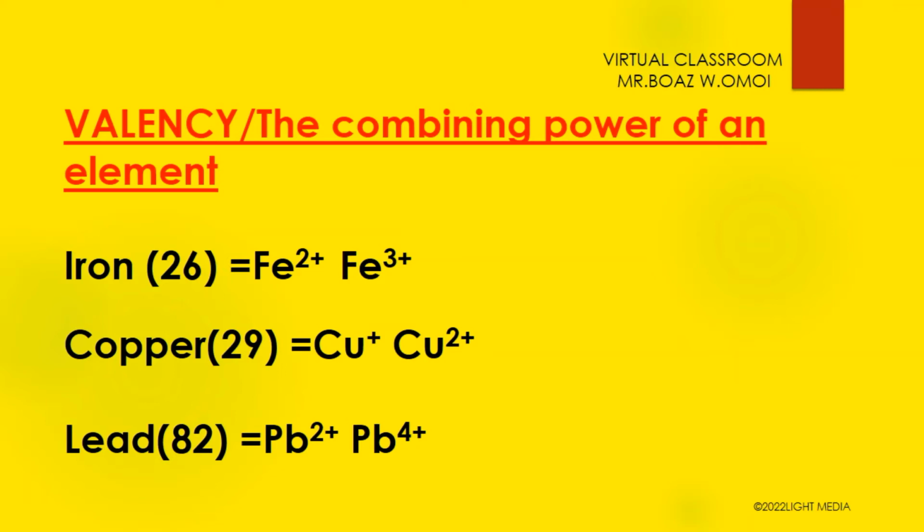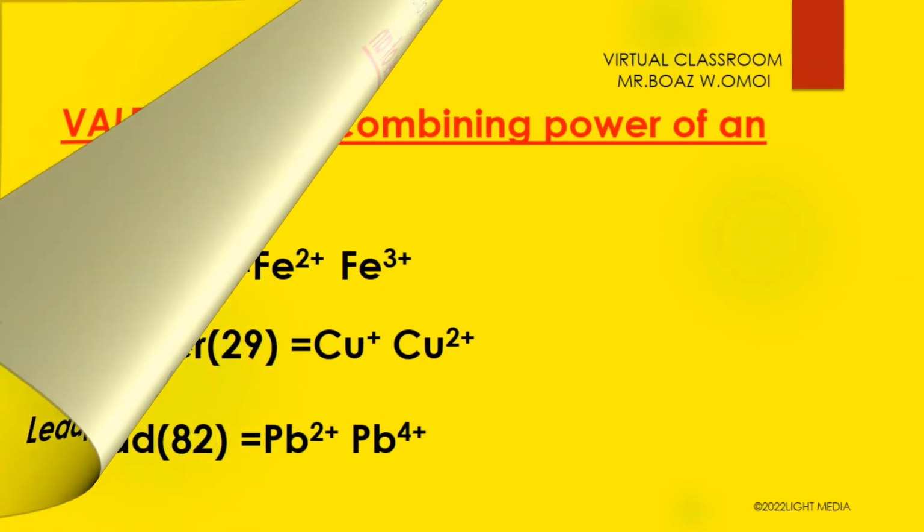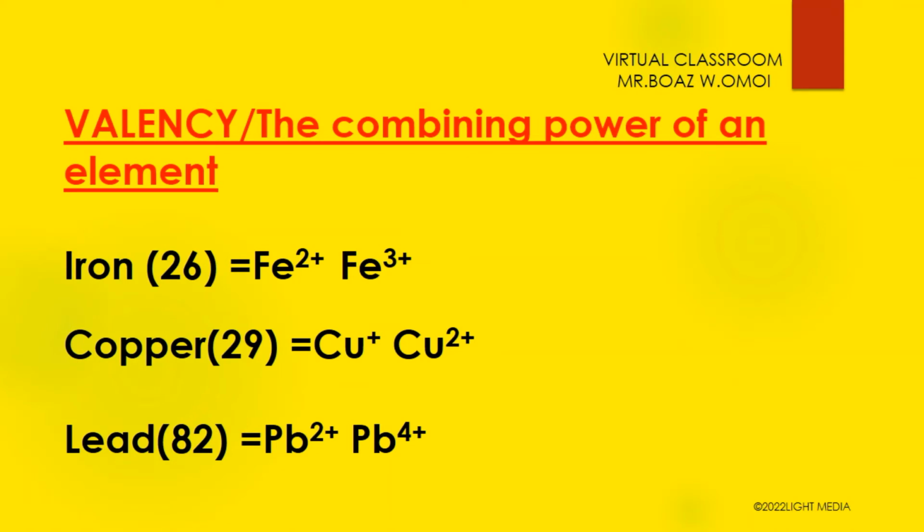Iron has got a valency of 2, so we have iron 2, or it can have a valency of 3, so we have iron 3. So we can have iron 2 ion and iron 3 ion. Copper also has 2 valencies. We have copper 1 and copper 2. So we have copper 1 ion and we have copper 2 ion.